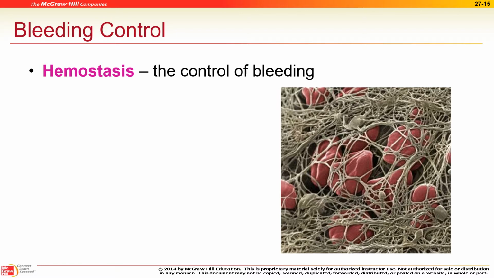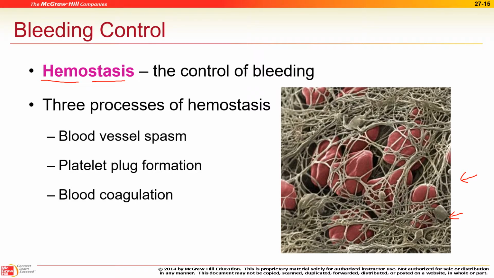Here's an image of a blood clot. Hemo is blood, stasis is to stop. So stasis, to make it stop. So here are the fibers that form, and you see some of the platelets and red blood cells that are trapped. So to form a blood clot, you need about 13 different steps, and there's 13 different blood clotting factors.